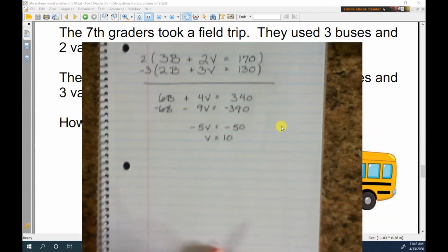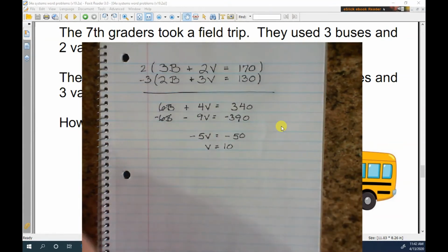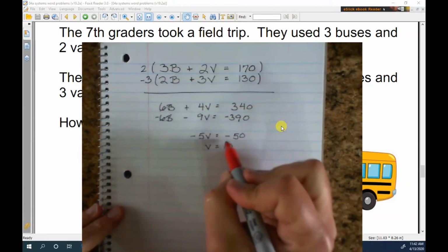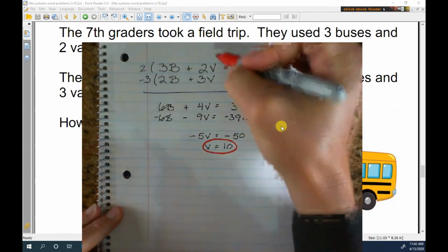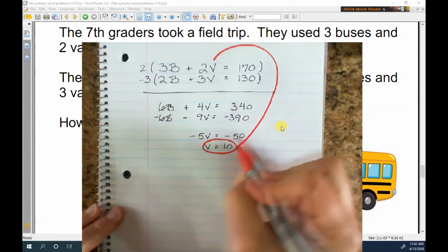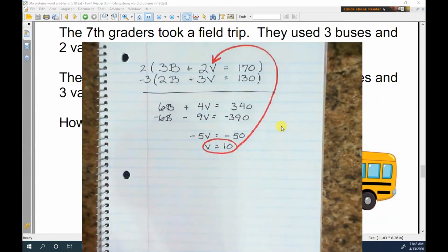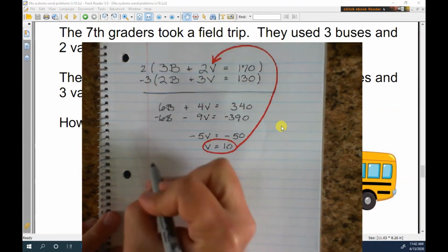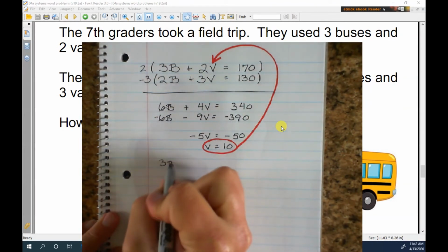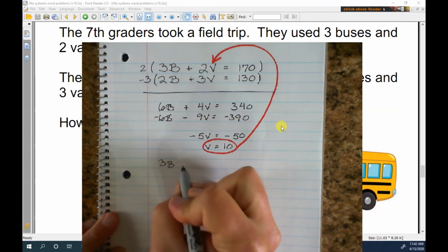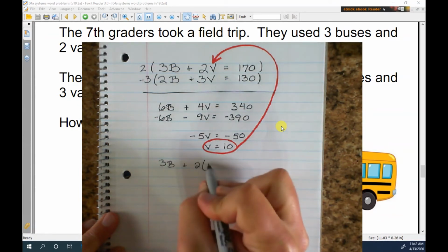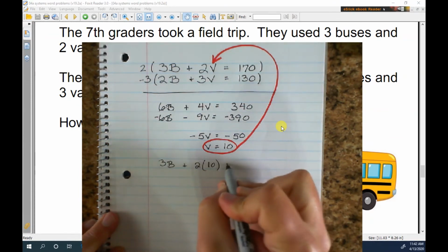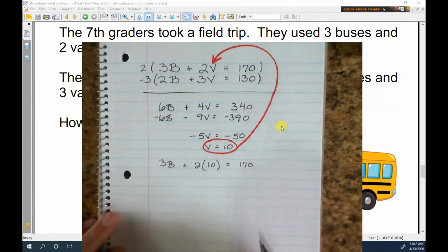So let's take that van and plug it in up there and figure out how many kids are in buses. So 3 buses, 3 times the number of kids in buses, plus 2 times the number of kids in vans, which is 10, equals 170.